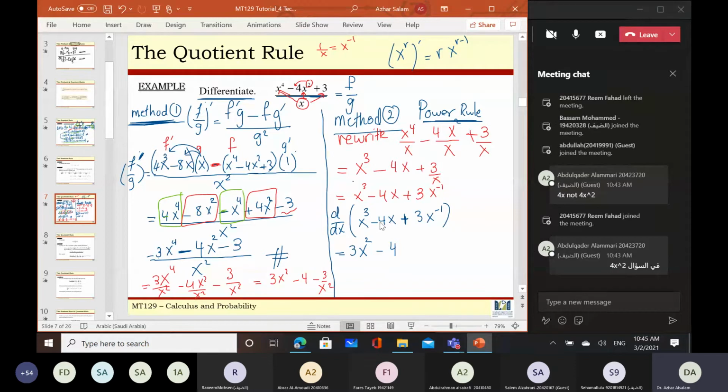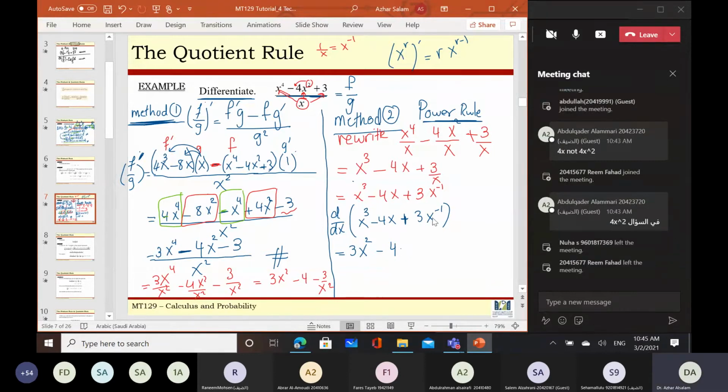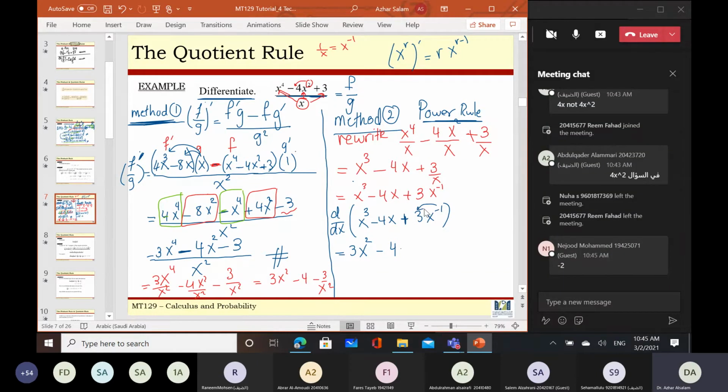Okay, so the derivative of minus 4x is only 4. Then 3 multiplied by x to the power minus 1. Okay, I will take this power down and multiply it by 3. It will be minus 3. أنزل الأس اللي هو سالب 1 وأضربه في الثلاثة فأعطاني فقط تغيير في الإشارة سالب الثلاثة.